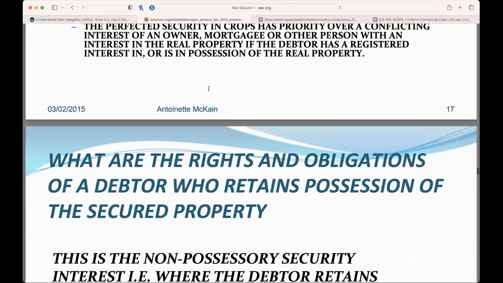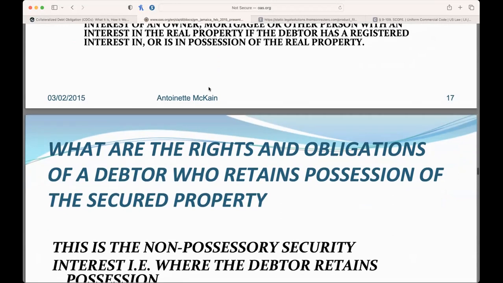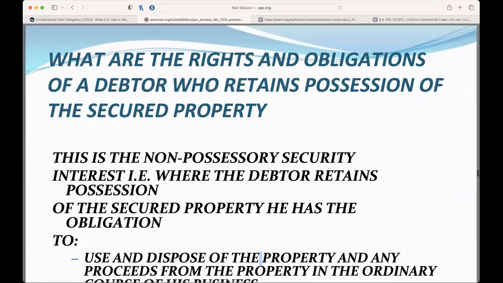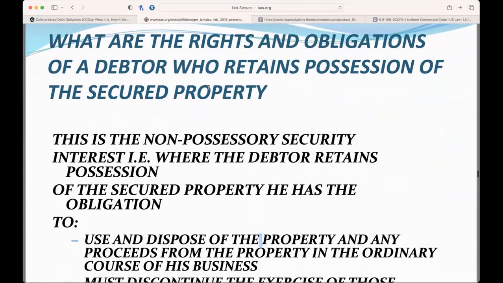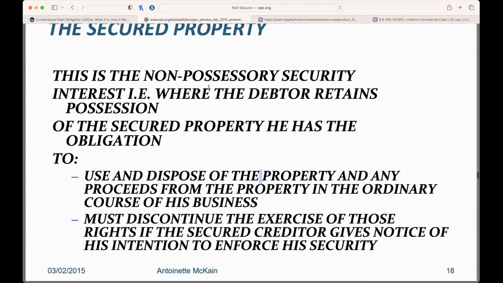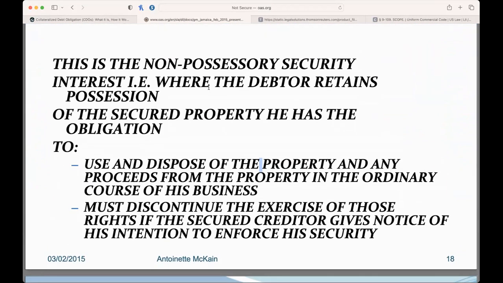It says, what are the rights and obligations of a debtor who retains possession of the secured property? This is the non-possessory security interest where the debtor retains possession of the secured property. He has the obligation to use and dispose of the property and any proceeds from the property in the ordinary course of his business.